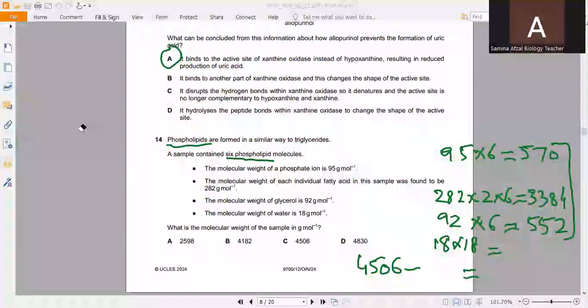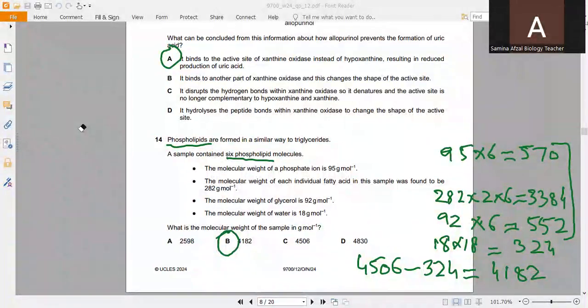So we subtract 324 from 4506. Then 4506 minus 324, the answer will be 4182. So according to this calculation, the answer for question number 14 is B.